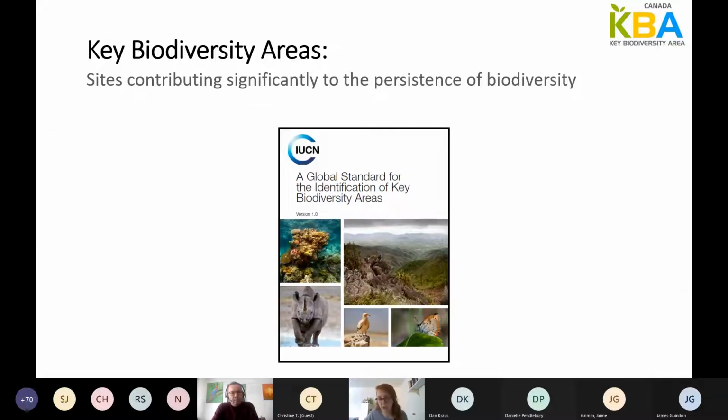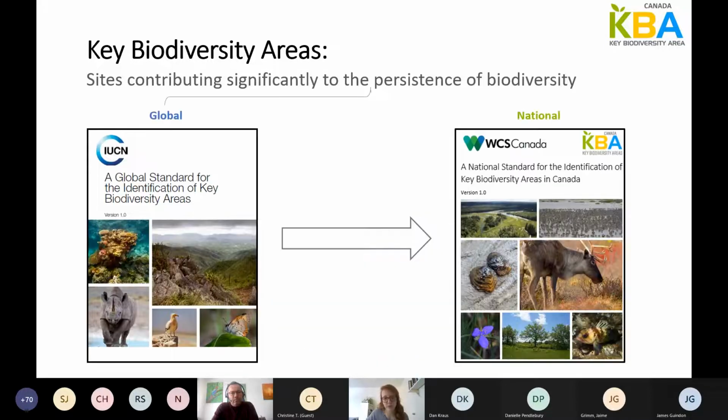So as I've just outlined, the global KBA standard tells us how to identify sites that are of global importance to the persistence of biodiversity. And here in Canada, we're also developing a national KBA standard to identify sites of national importance to the persistence of biodiversity. So sites that help biodiversity persist nationally. The idea behind this national standard is to make the tool even more relevant to the Canadian context.